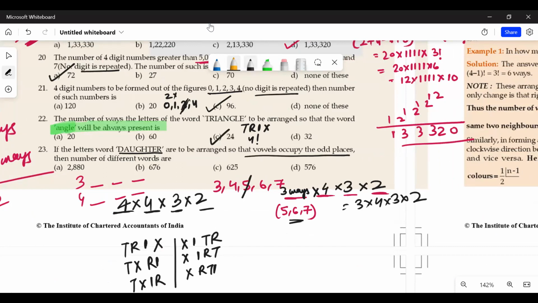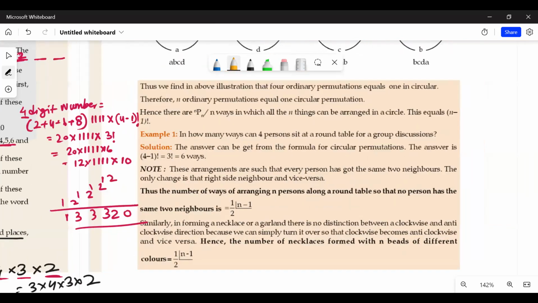The answer for this would be 2880. Then everyone ask questions.